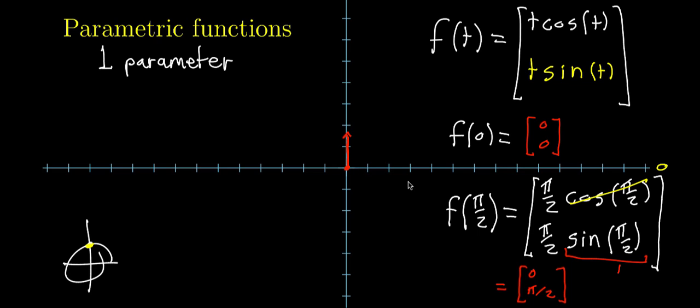And if you imagine doing this at all the different input points, you might get a bunch of different vectors doing different things. And if you were to draw it, you don't want to just draw the arrows themselves, because that'll clutter things up a whole bunch. So we just want to trace the points that correspond to the output, the tips of each vector. And what I'll do here, I'll show a little animation. Let me just clear the board a bit.